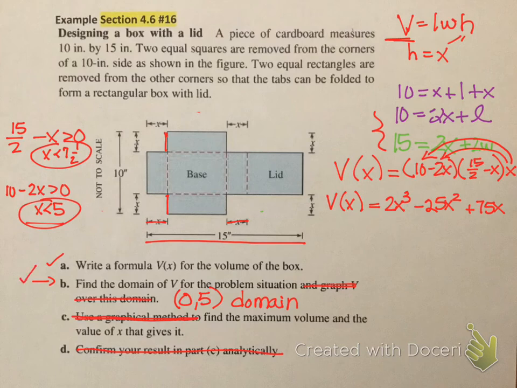Part C asks us to maximize this volume function here and find the value of x that gives that. And to do that, I simply need to take the derivative of my function, which would give me 6x squared minus 50x plus 75.